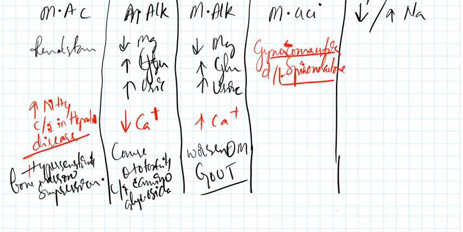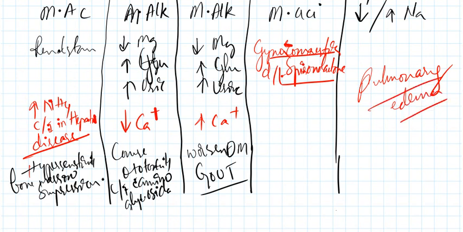Now, what is the one and only serious effect of osmotic diuretics? It causes pulmonary edema. Very, very dangerous side effect.